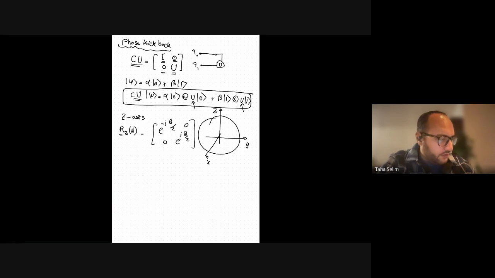Similarly, I can rotate a vector around the y. So I call it Ry of theta, and this could be cosine theta over 2, minus i sine theta over 2, minus i sine theta over 2, cosine theta over 2, and so on.